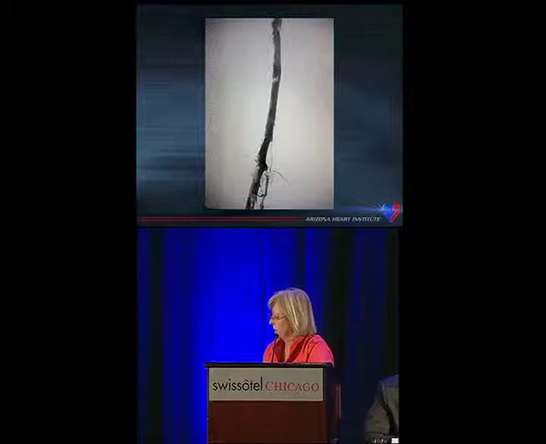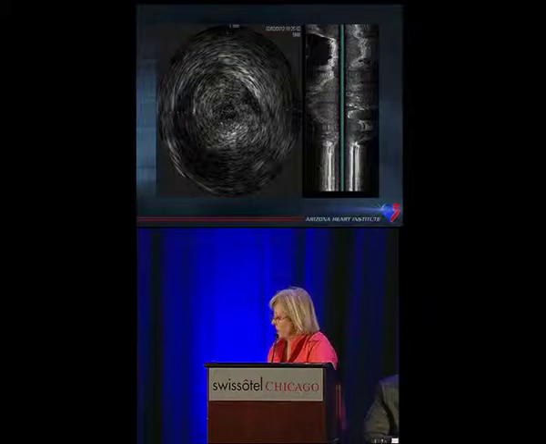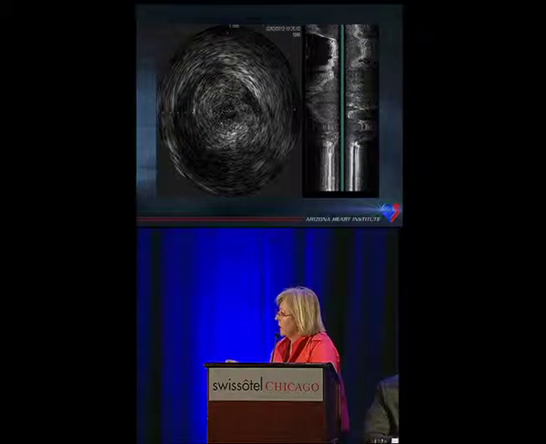And the IVUS shows a tremendous amount of residual thrombus, but what the Trellis does is that it creates a lot of crevasses. So if you were able to draw around all of these little areas, ins and outs, you would see there's a much greater surface area for contact with lytic therapy.